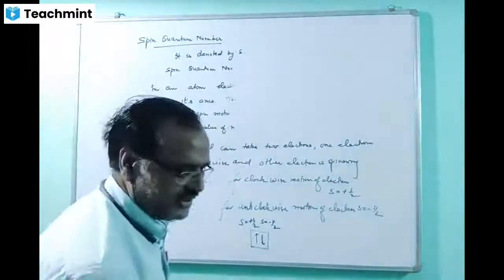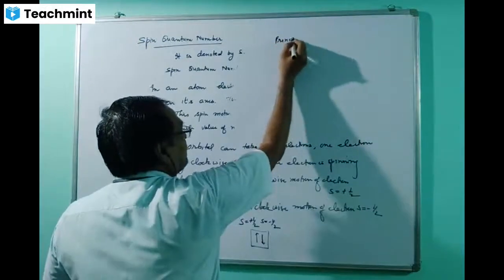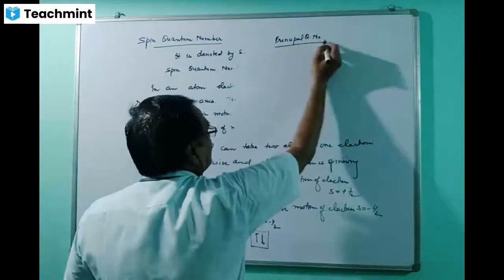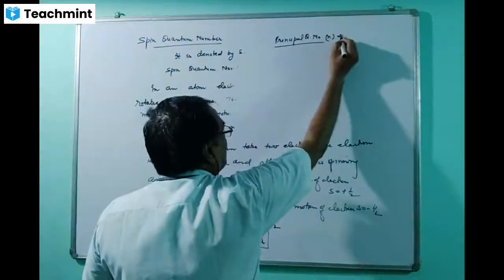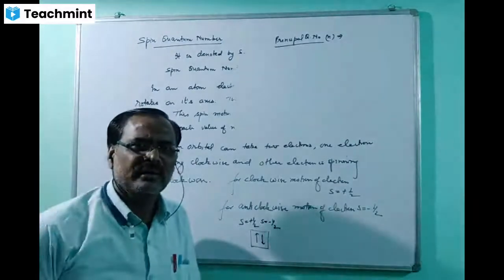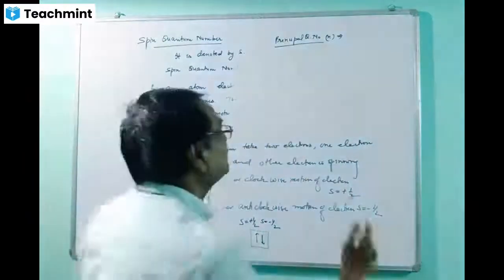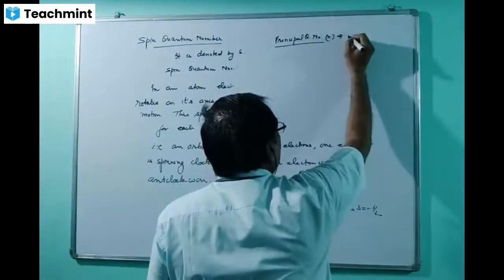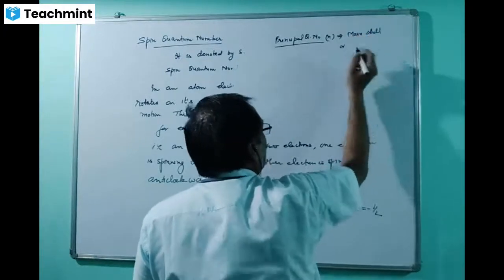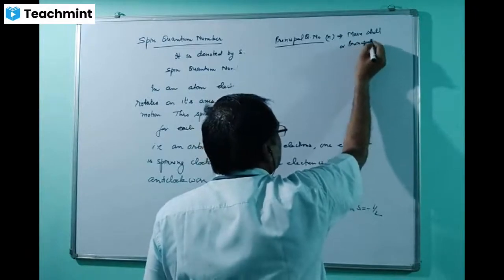So just you see, first you have studied the principal quantum number. It is denoted by n. This principal quantum number will give you the main shell or principal shell.